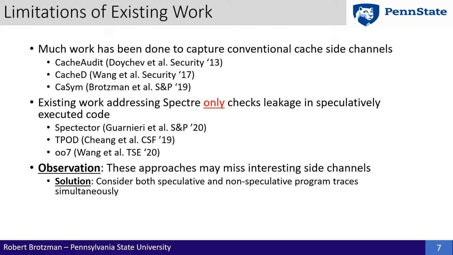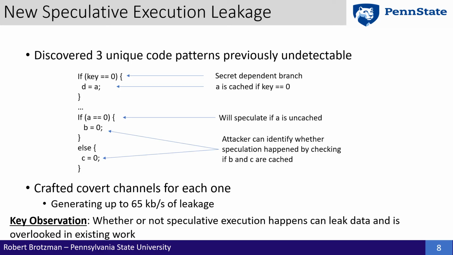Our observation is that these approaches may miss interesting side channels, and our proposed solution is to consider both speculative and non-speculative program traces simultaneously. During our work, we discovered 3 unique code patterns that have previously not been identified in prior work and are seemingly not detectable by existing techniques.